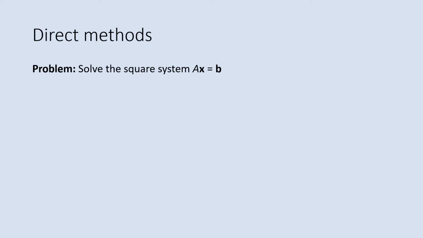So some direct methods that we've seen before for solving a system. The inverse method, calculating the inverse of the matrix A. So we have the coefficient matrix, and so we calculate its inverse.